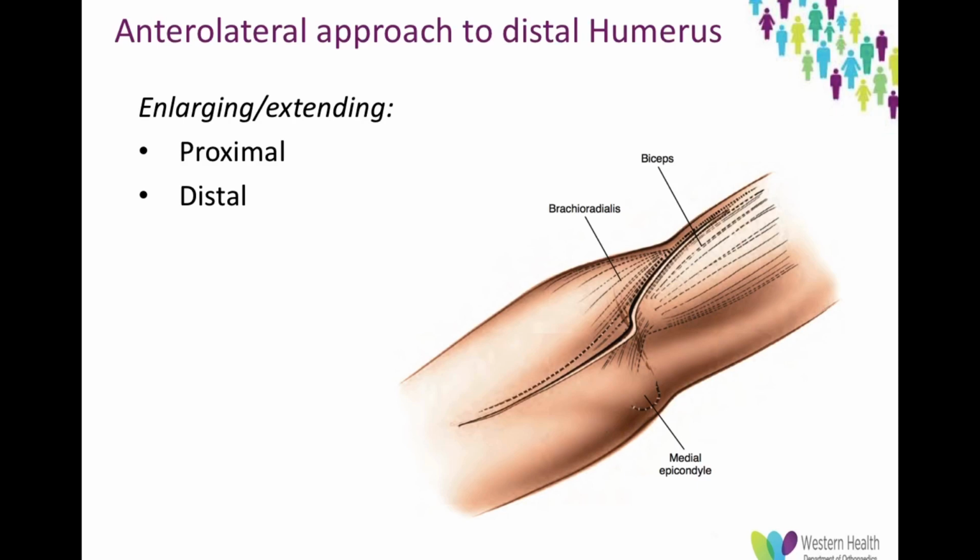Distally, you can extend this into an anterior approach over the elbow, continuing distally and developing a plane between brachioradialis and pronator, brachioradialis with the radial nerve and pronator with the median nerve. But it's important to watch out for the lateral cutaneous nerve of the forearm running along the lateral aspect of biceps when you extend this incision.